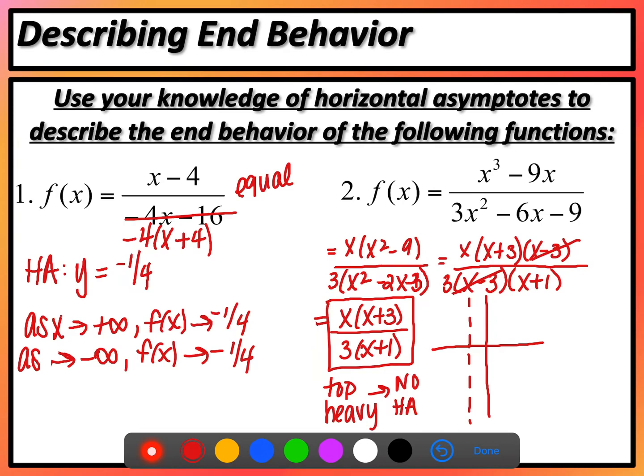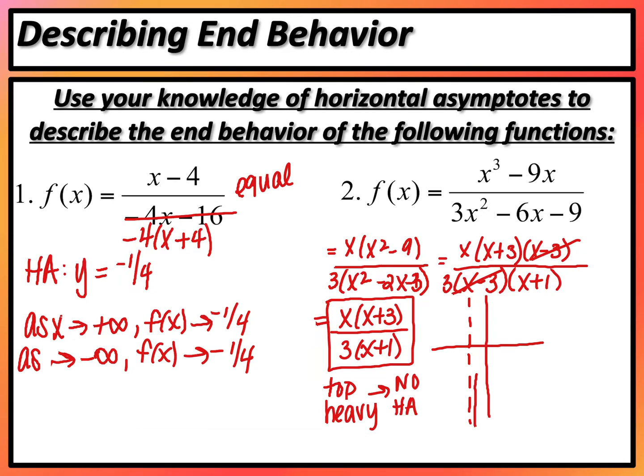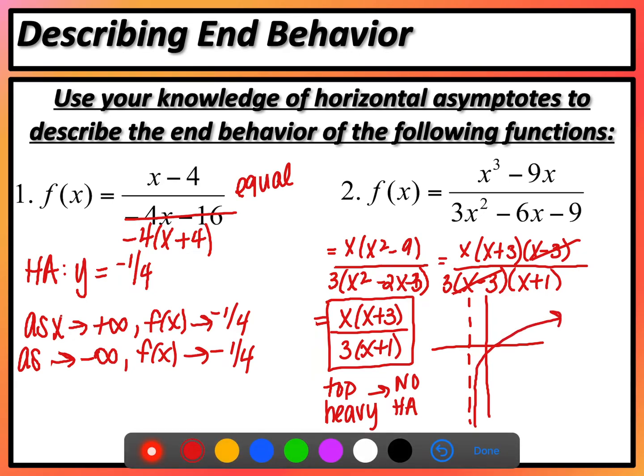Alright, so I'm going to draw us a little sketch here. The graph has a vertical asymptote at x equals -1. Alright, and then looks like that.